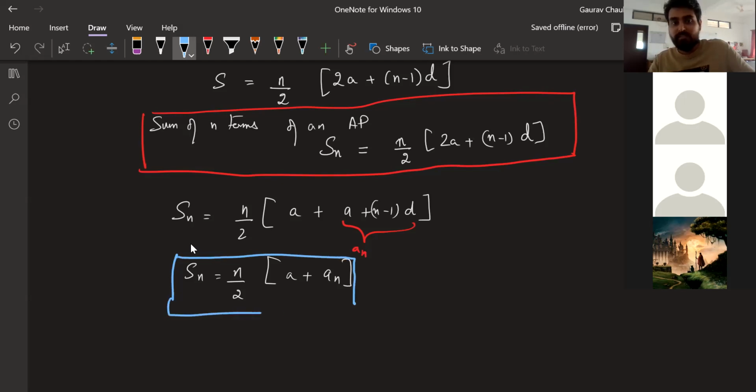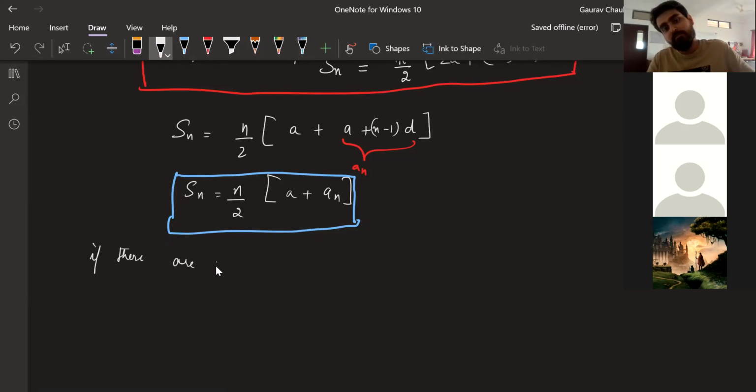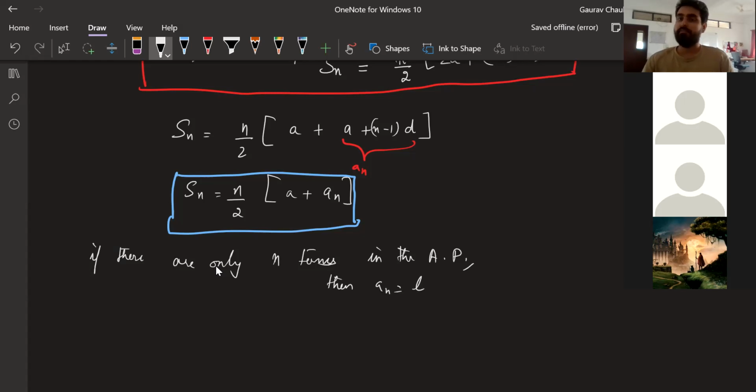Now suppose it is a finite AP. If it is a finite AP which has only n terms, then basically your nth term is the last term, right?